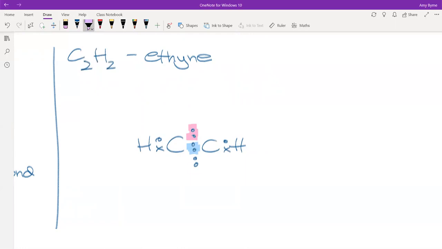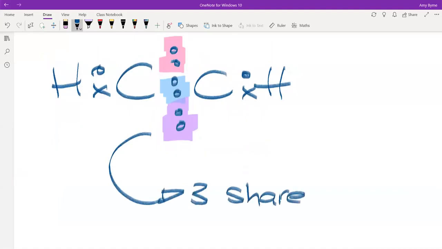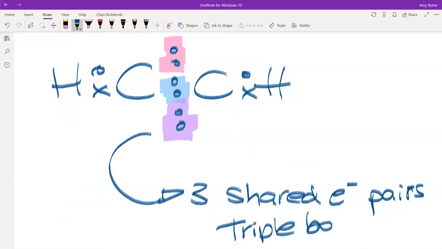So here I have 3 shared electron pairs, which is a triple bond.